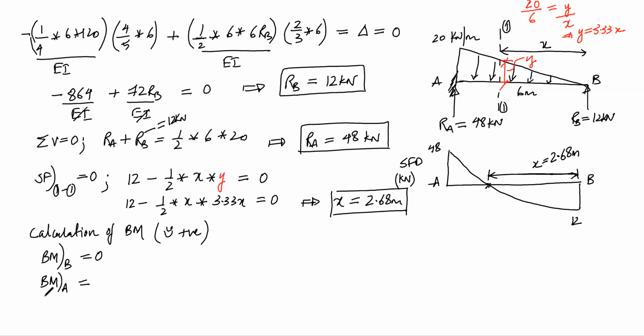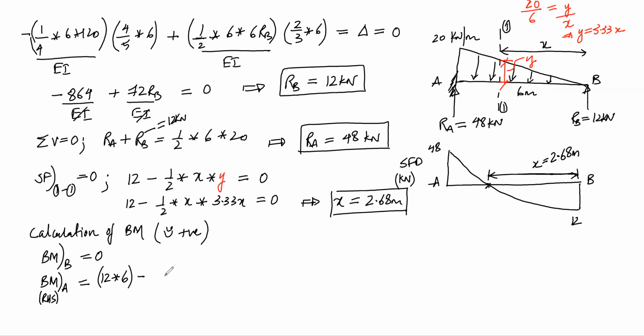So if I consider the right hand side, this will be 12 into 6, which is sagging. And due to the triangular load, this will be a hogging moment.